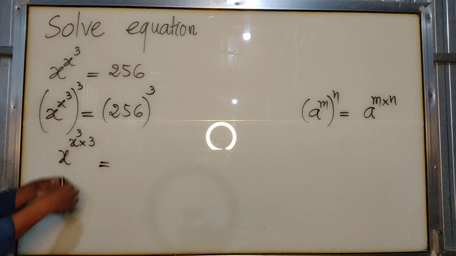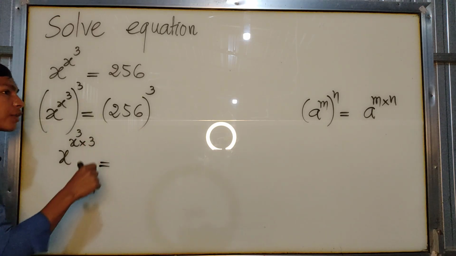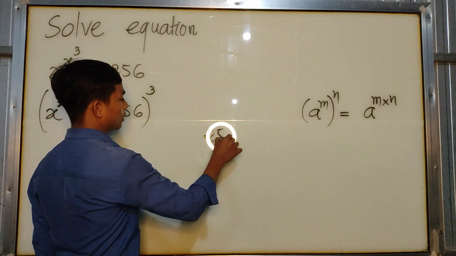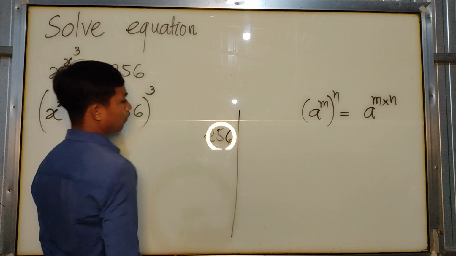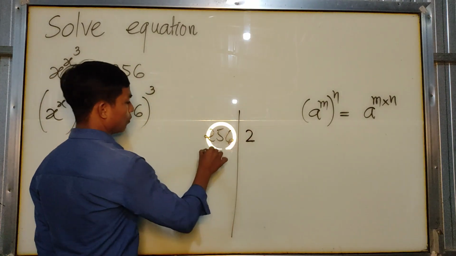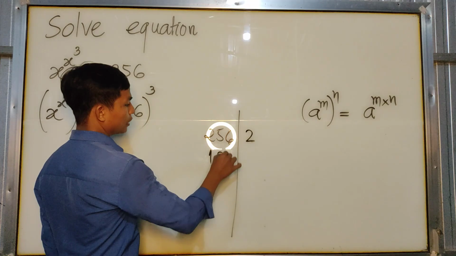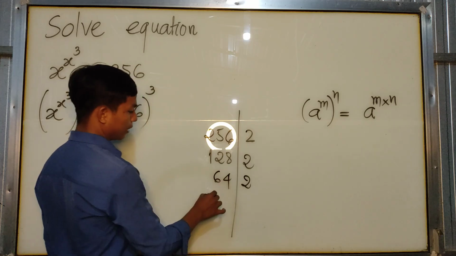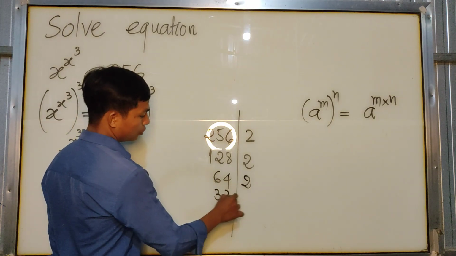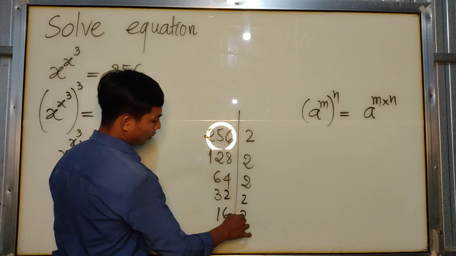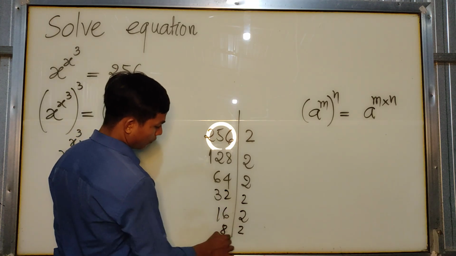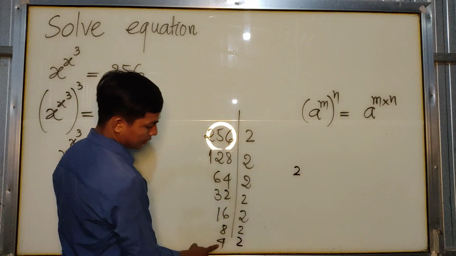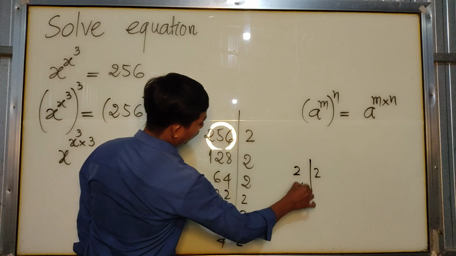And 256 we can divide into prime factors. 256 divided by 2 gives 128, divided by 2 gives 64, divided by 2 gives 32, divided by 2 gives 16, divided by 2 gives 8, divided by 2 gives 4, divided by 2 gives 2, and divided by 2 gives 1.